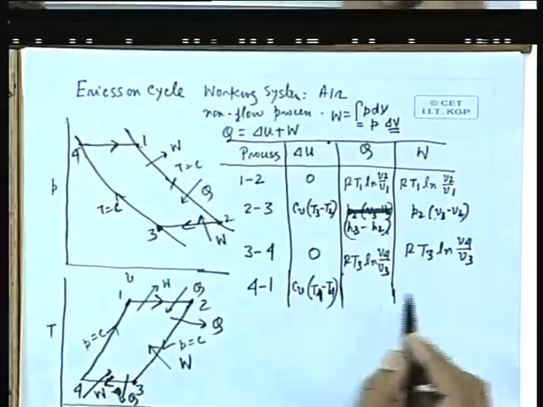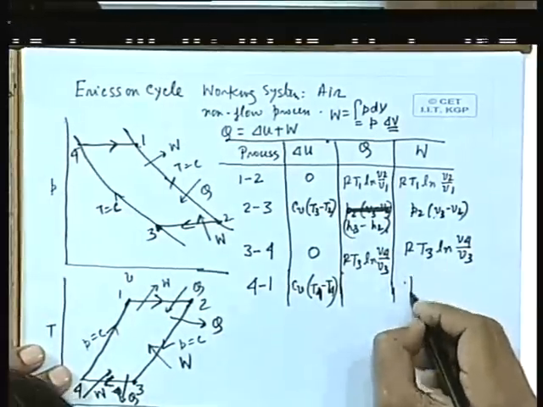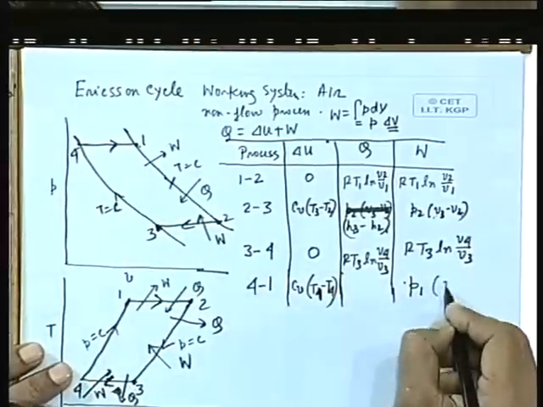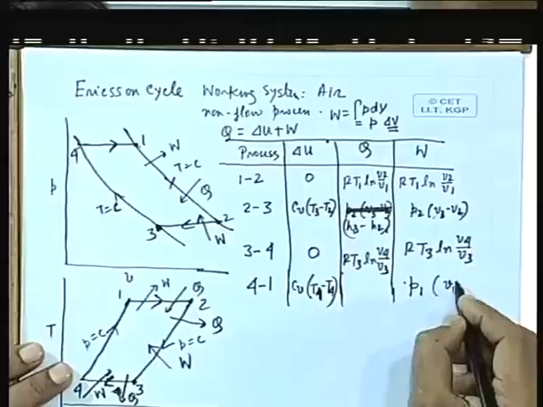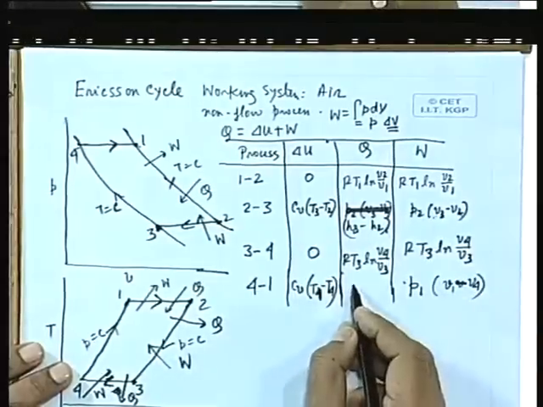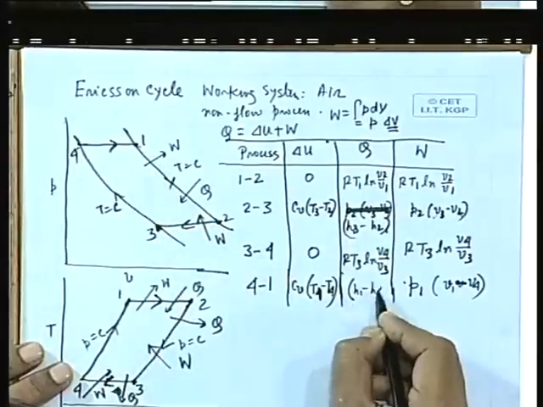Similarly, W is written as P4 or P1 times V1 minus V4, and heat will again be H1 minus H4, the change in enthalpy.